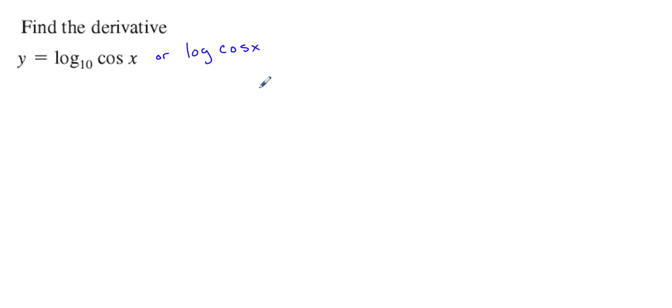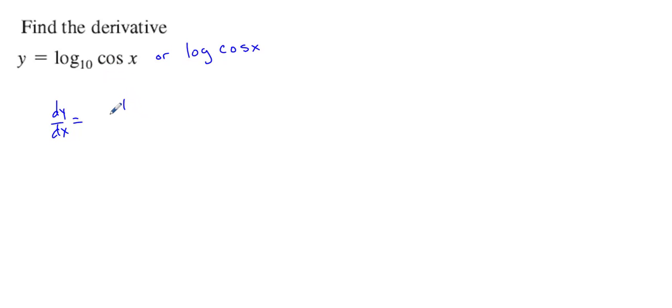Okay, you guys remember the pattern? Have it memorized already? Ooh, this is tough. Okay, dy dx equals. All right, here's the log. Its base is 10. Its argument is cosine. So this would be log base a of u, right? How did that go?